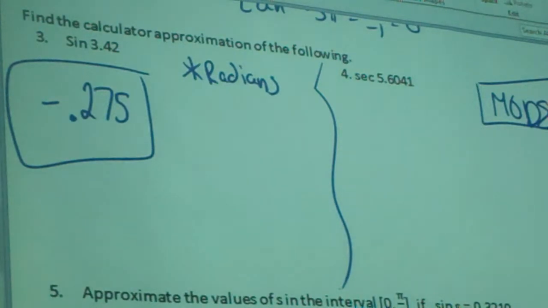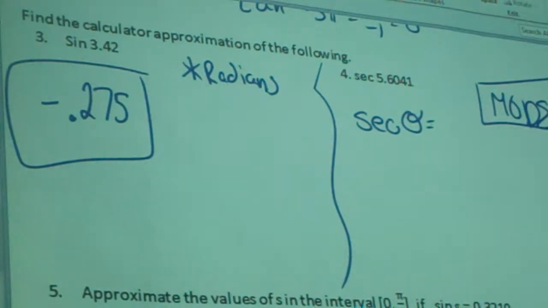Now let's talk about secant real quick. You'll notice that secant is not on your calculator, right? You only see sine, cosine, tangent. Because we know that secant theta is the same as what? It's not the same as cosine, it's the reciprocal. So it's 1 over cosine theta.